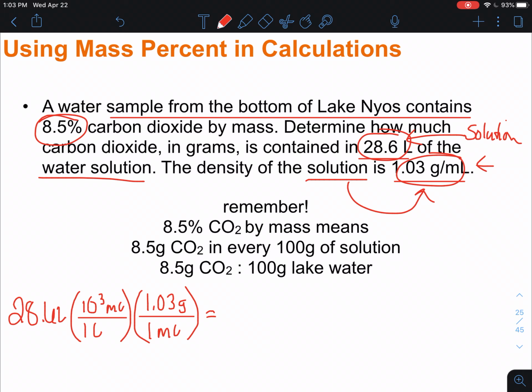So we have 28.6 times 10 to the third over 1, and then we're going to take 1.03 over 1. Seems like a lot of grams, but I guess that makes sense. 29458 grams solution. Let me just make sure that that's right.